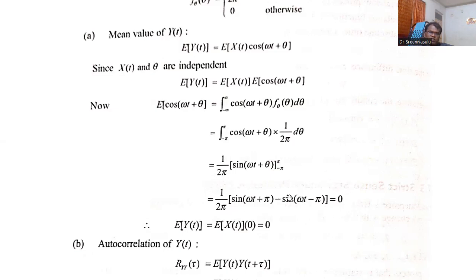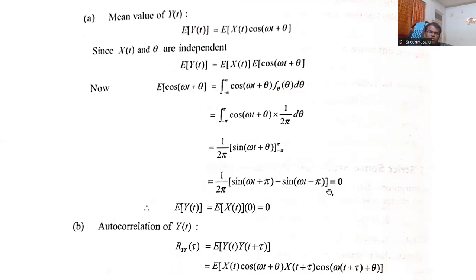What is sin(ωt − π)? Using the trigonometric identity for sin(ωt + 180°), we get −sin ωt in both cases, so sin ωt terms cancel and we get 0. So the mean is a constant.